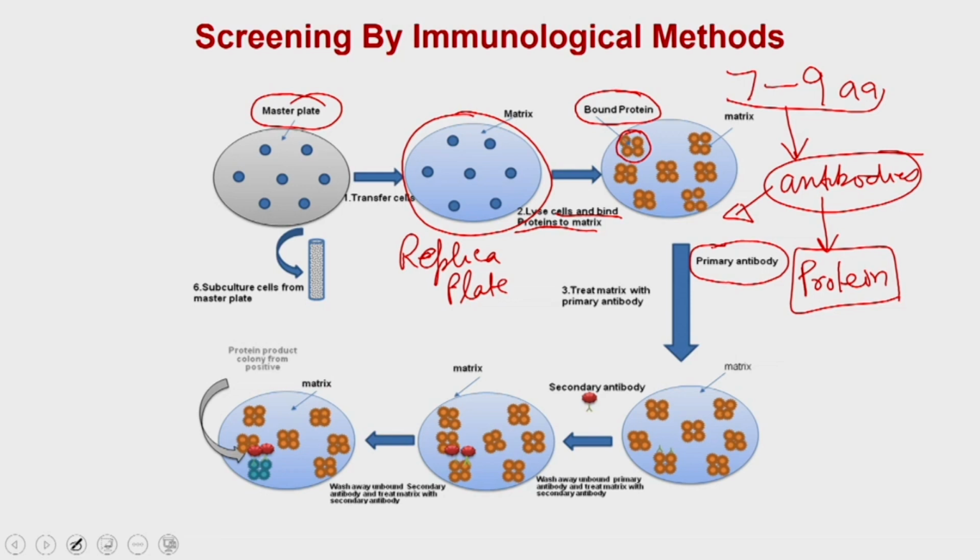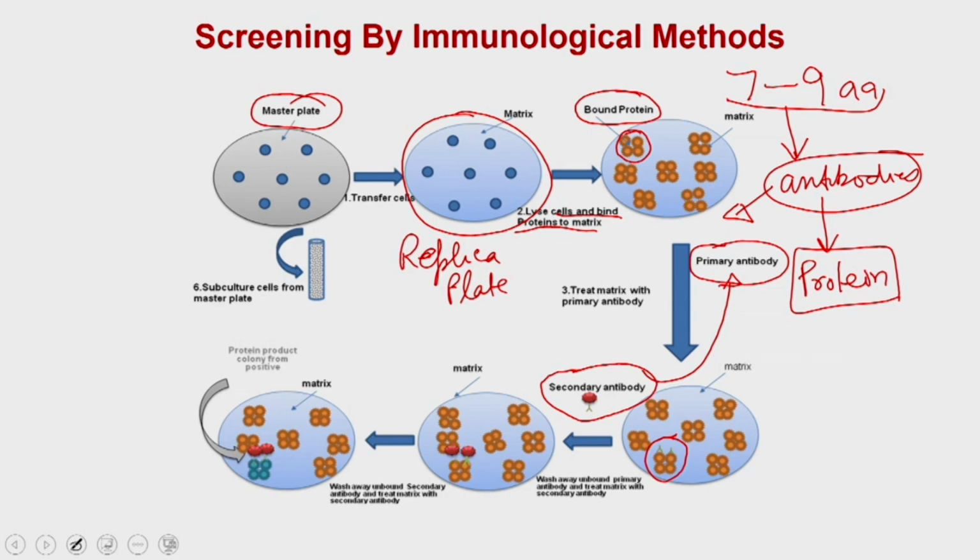So, what will happen is the primary antibody will go and bind to the proteins which are coming out from a particular clone or set of clones, and then you will add the secondary antibodies. The secondary antibodies do not have any affinity for your protein; instead, they have affinity for the primary antibodies, which means the secondary antibodies are going to bind your primary antibodies.